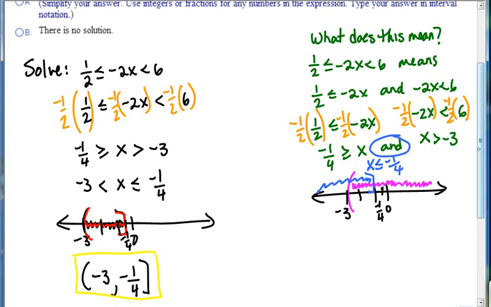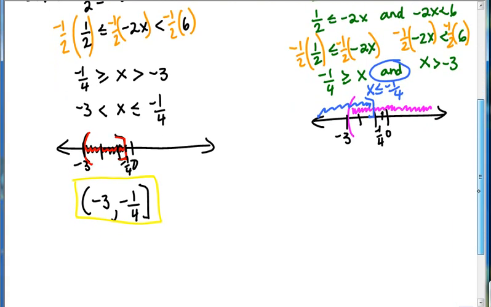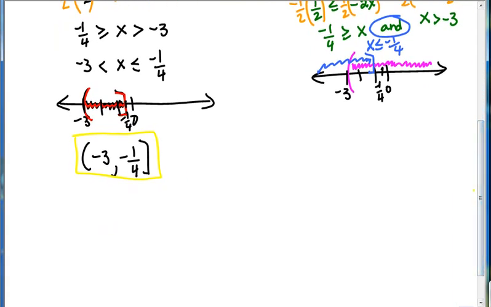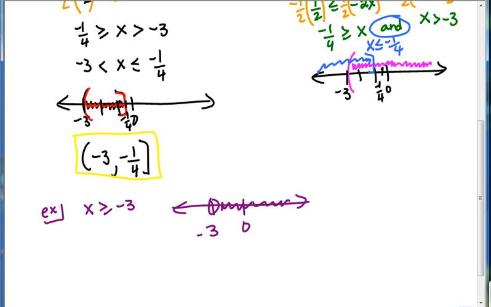Let me give you a short review of just interval notation. Say you just had this right side. Just do a new example. Let me do it in a different color. Okay, say you had, right, just x is greater than or equal to -3, which, by the way, we know looks like this in interval notation.